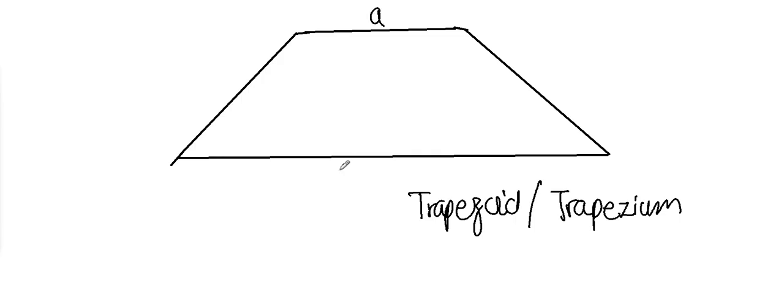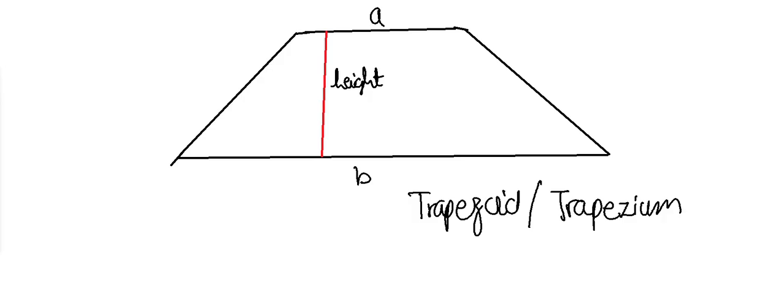This is one side, this is the other one. And then there is a vertical line between them. This vertical line represents the height.